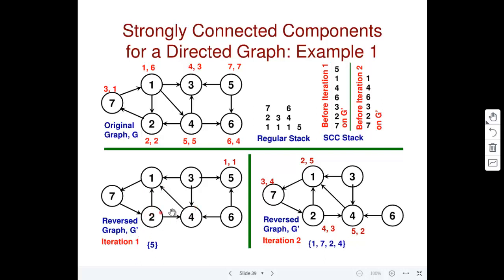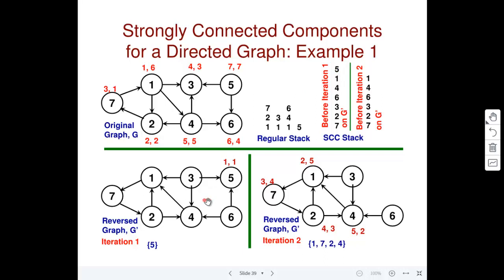Now what we are going to do is run depth first search again on G prime, on this reverse graph. Now we are not going to start depth first search from any arbitrary vertex. We are going to run depth first search in a certain order. So from which vertex are we going to start depth first search on this reverse graph? We are going to start from the vertex that is the top of this SCC stack.